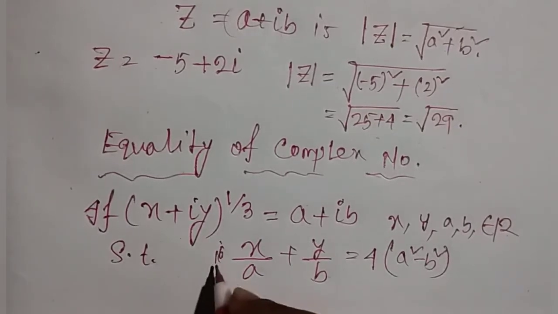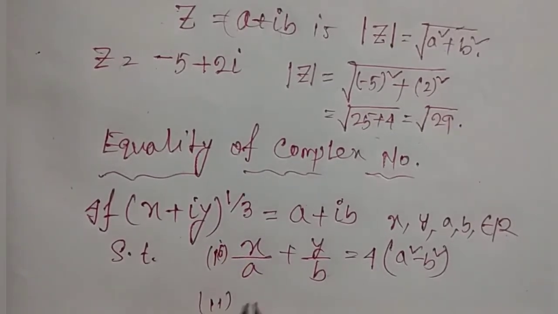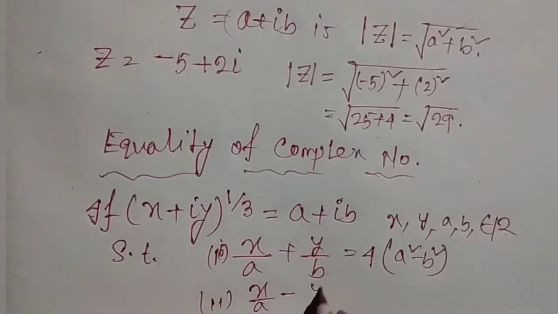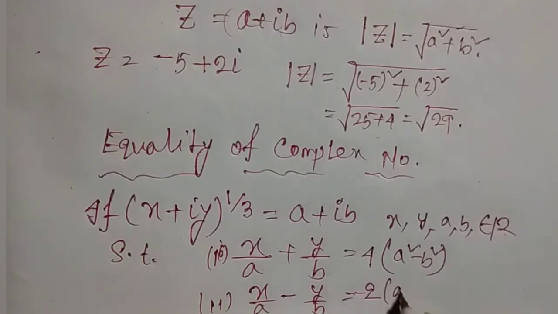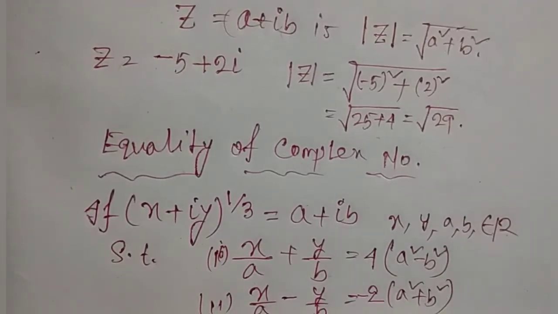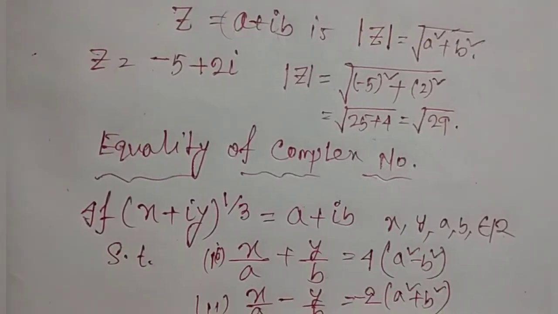And question number 2, x by a minus y by b is equal to minus 2 into a square plus b square. Now try to solve this question.